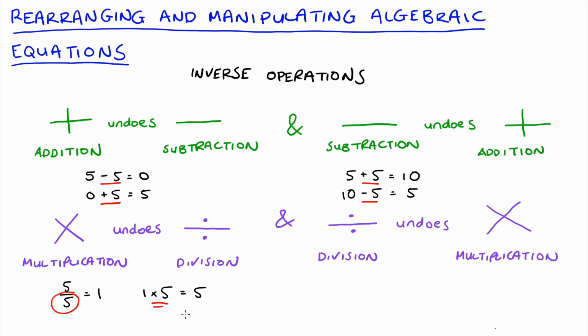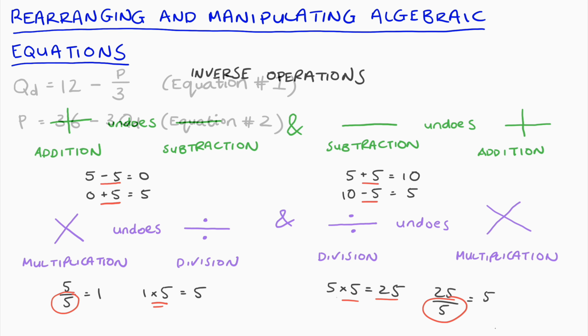So our multiplication has undone the division. And if we did 5 times 5, that's equal to 25. To undo that multiplication and get back to 5, we would divide 25 by 5. So addition is the inverse of subtraction and multiplication is the inverse of division. These operations undo one another.